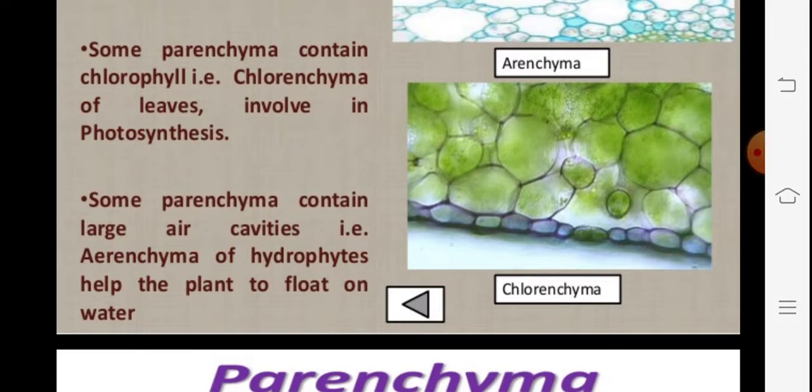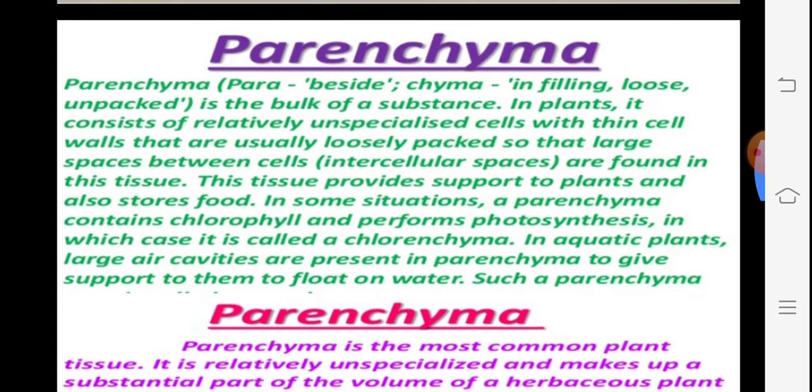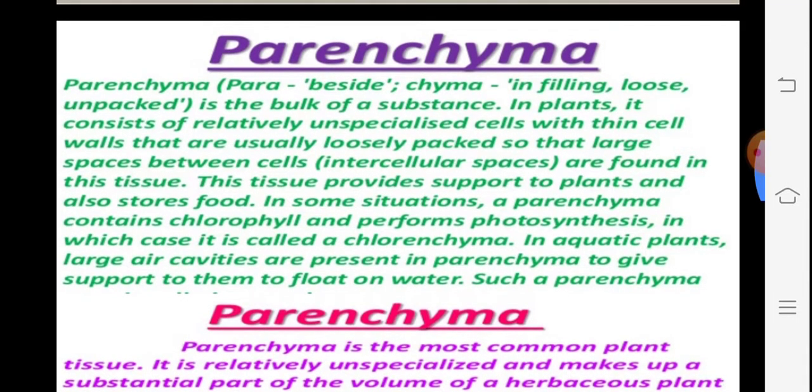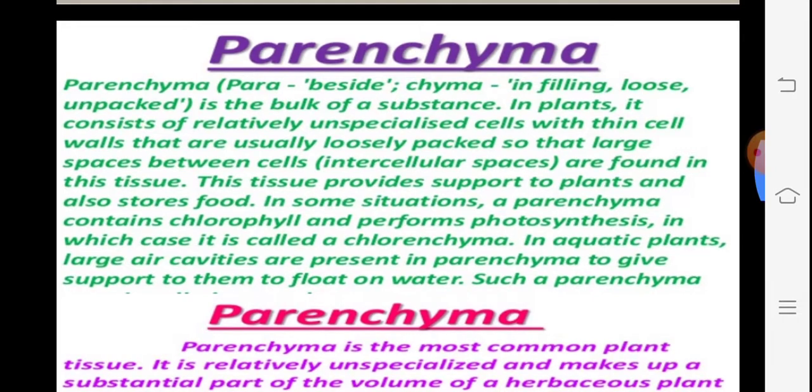So we also have to write the functions of each tissue. Then parenchyma with air cavities is the character of hydrophytes. Then the second tissue is parenchyma. Para means beside, and chyma means infilling, loose or unpacked, right? It shows the presence of bulk of substance.